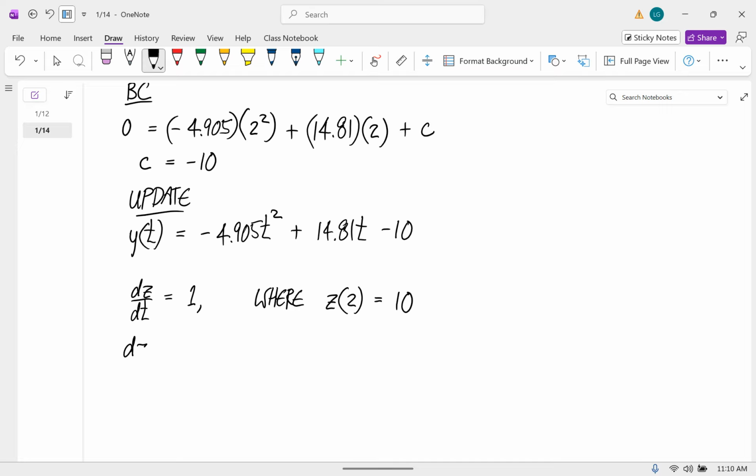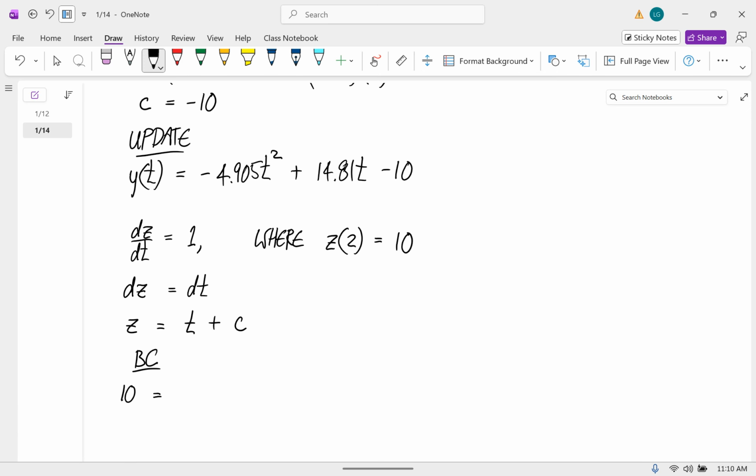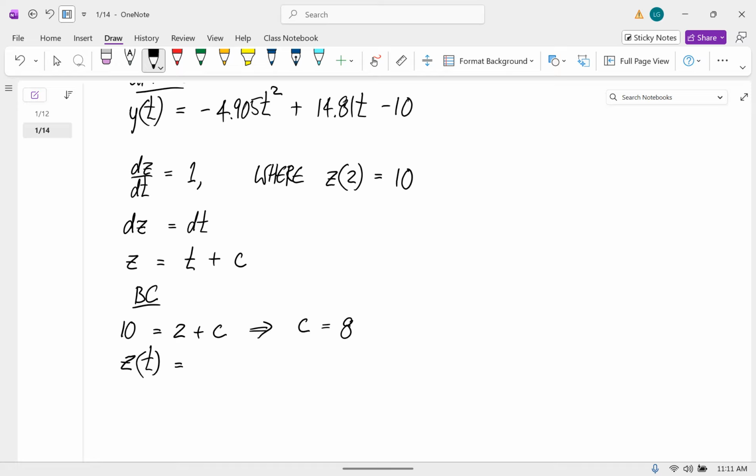And so dz is equal to dt. So z is equal to t plus c. Now the boundary condition says 10 is equal to 2 plus c, so c is equal to 8. And so z, as a function of time, is equal to t plus 8.